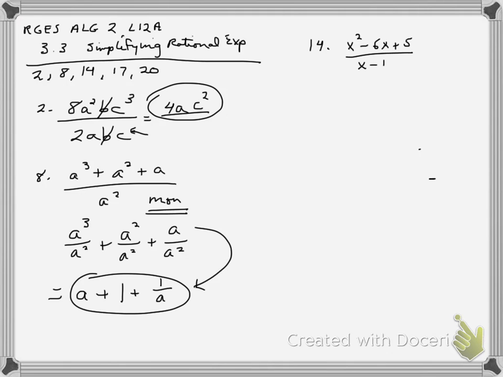Because this looks like a pretty straightforward factoring trinomial, I would give that a try first. Okay? So I'm thinking 2 numbers that multiply together to give me 5, and their sum is negative 6, so I would have x minus 1 times x minus 5.